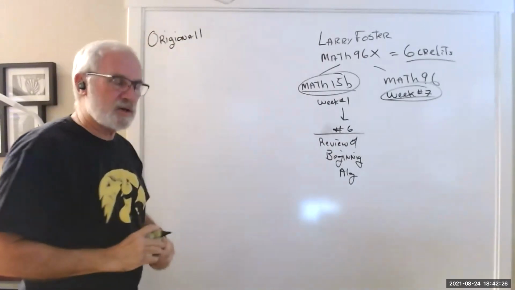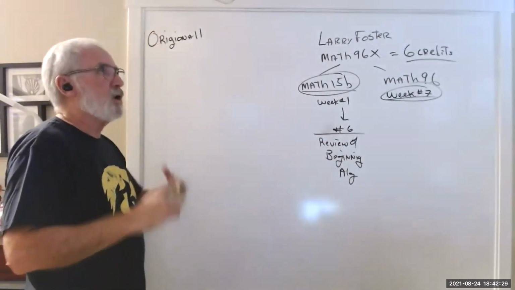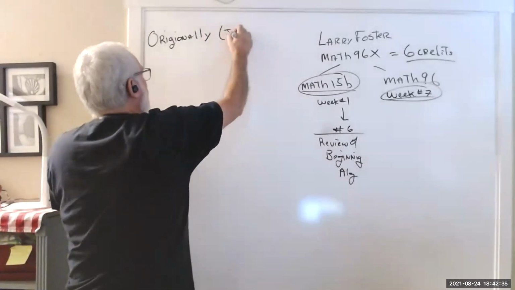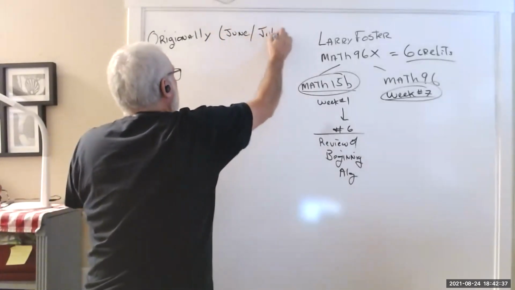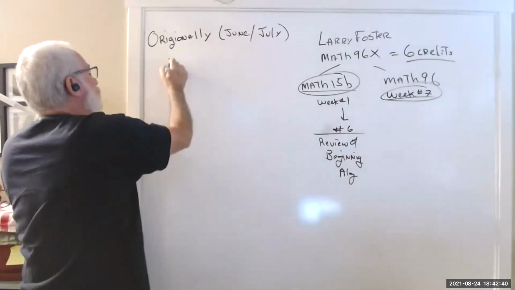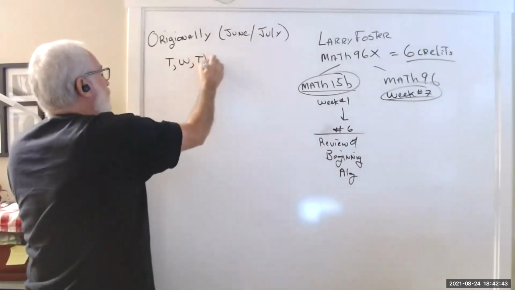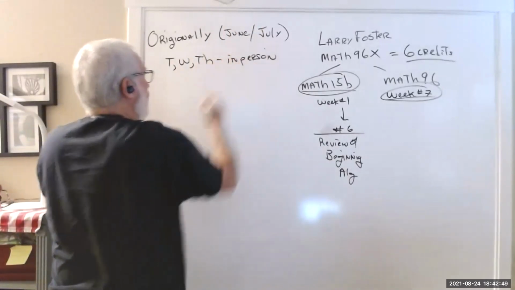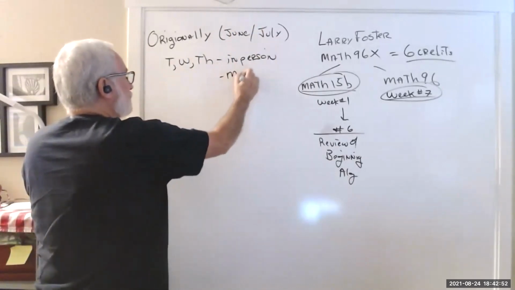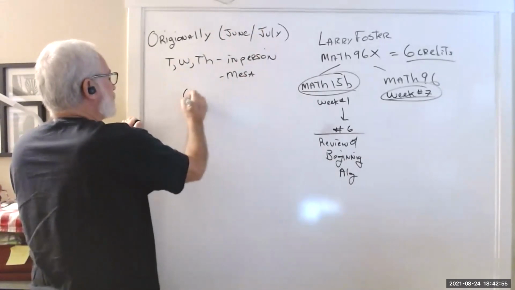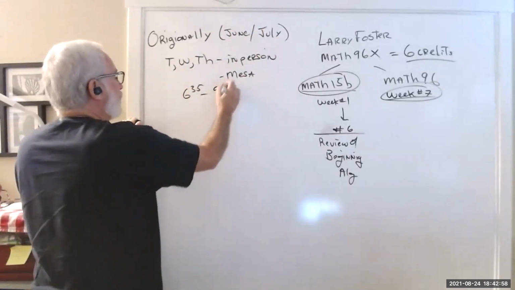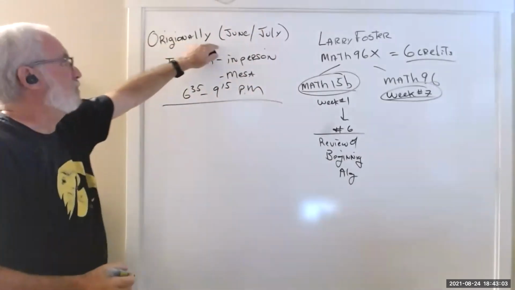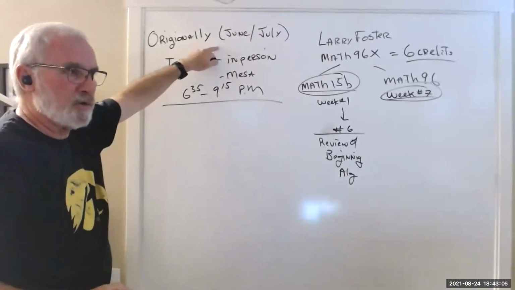When a majority of you registered for this class, somewhere back in June or July, this was going to be Tuesday, Wednesday, Thursday, in person, at Mesa, from 6:35 to around 9:15 p.m. That was originally, when people started enrolling for this class.